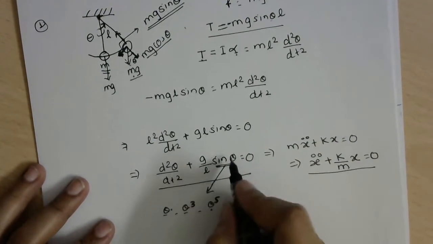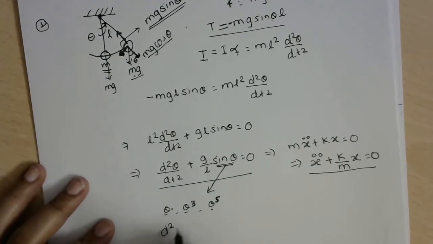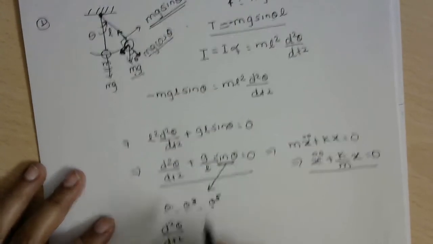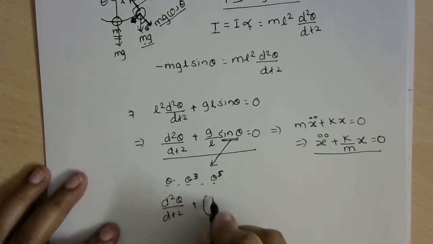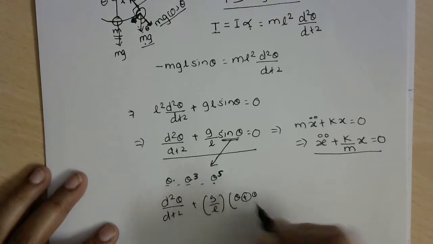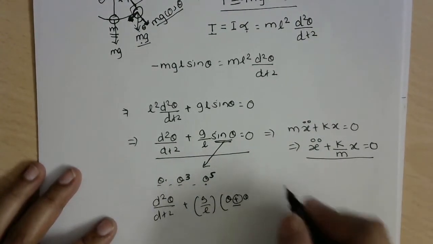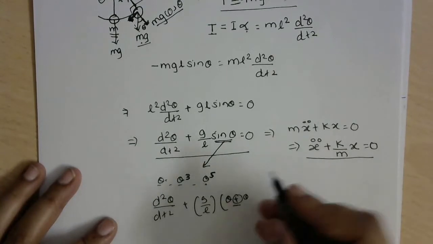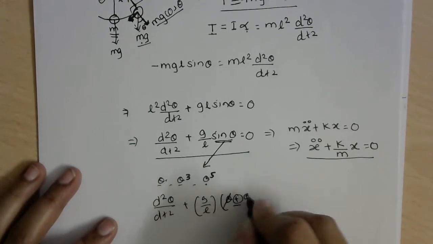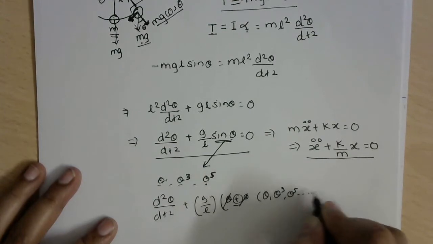So you can think of this differential equation as d square theta by dt square plus g by L times theta plus or minus theta cube, theta raised to 5, and so on.